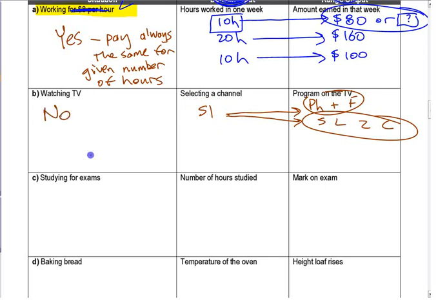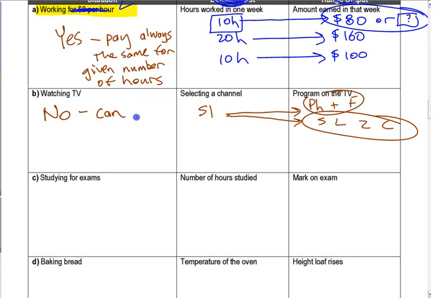I know there's channels where it plays all the same thing all the time, practically, right? If all the channels were like that channel that shows the fire, that fireplace channel, then it's a function. I want fireplace, I put this channel.